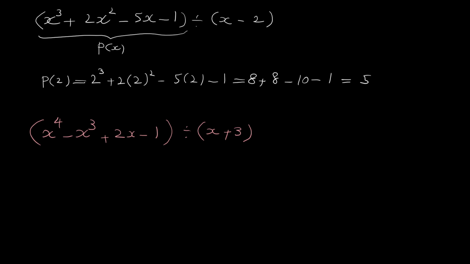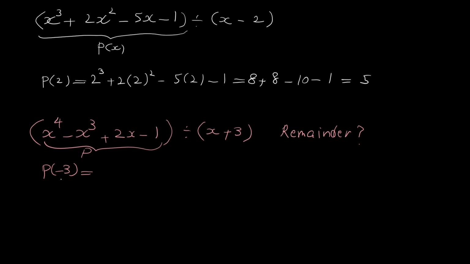We are asked to find the remainder of this division. Based on the remainder theorem, we are not going to divide these two polynomials. Simply, we plug in negative 3 in this expression. If we name this expression p, we calculate p of negative 3.